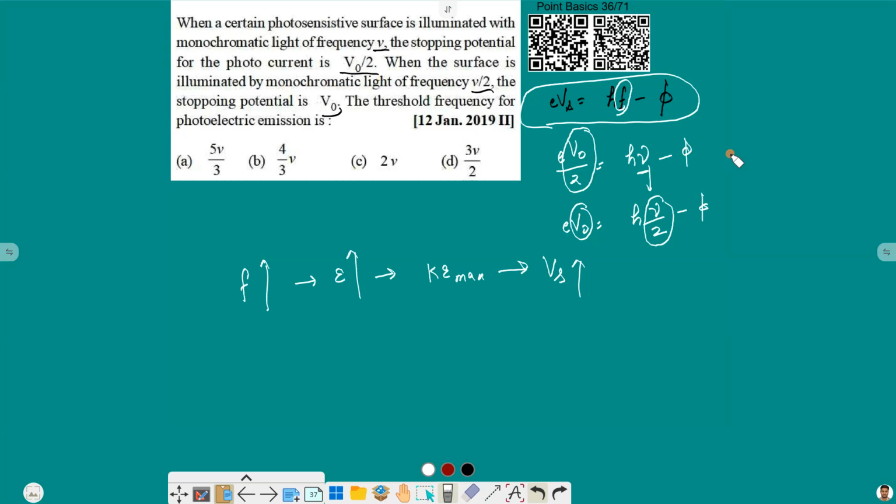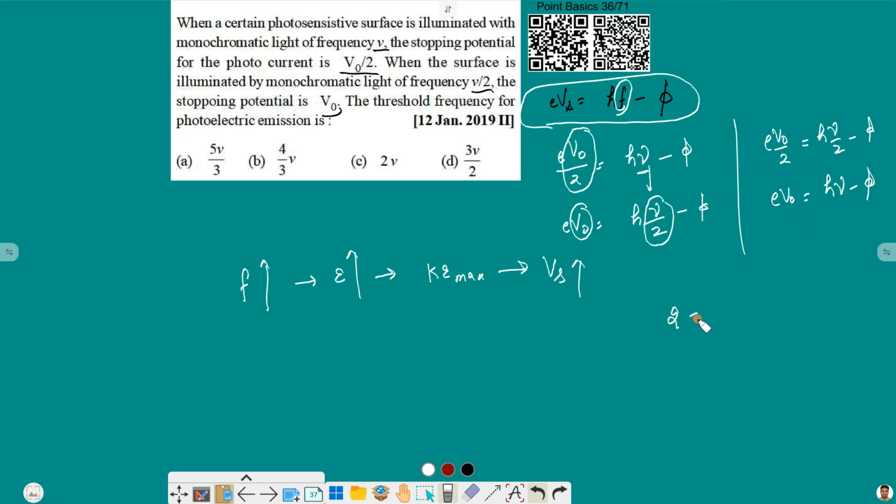So this is the reverse behavior, which is not possible. So I think there is some problem in the question. Either it should be reversed, that E V naught by 2 should be equal to h nu by 2 minus phi, and E V naught is equal to h nu minus phi. If I divide both of these, what will I get?